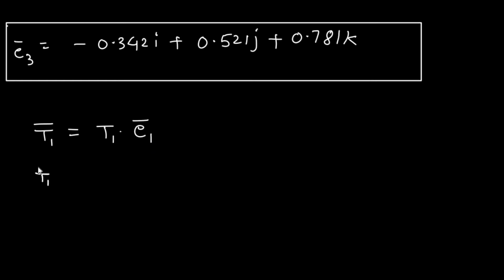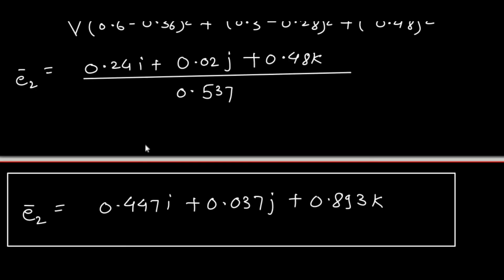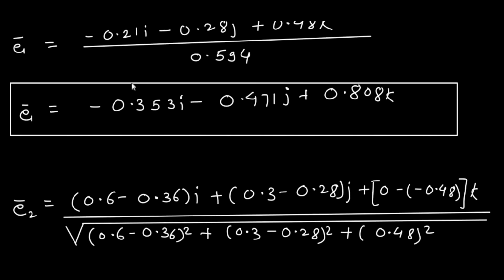Now here don't put the value of T1 that we get experimentally. Here we have to calculate this T1 analytically. So T1 into what is our E1 vector? The E1 vector we calculated as minus 0.353i minus 0.471j plus 0.808k.